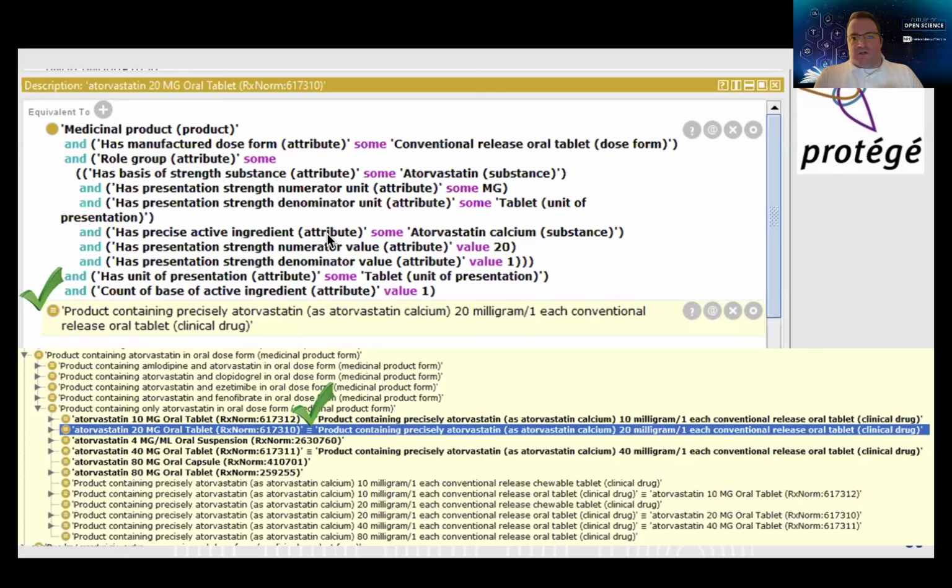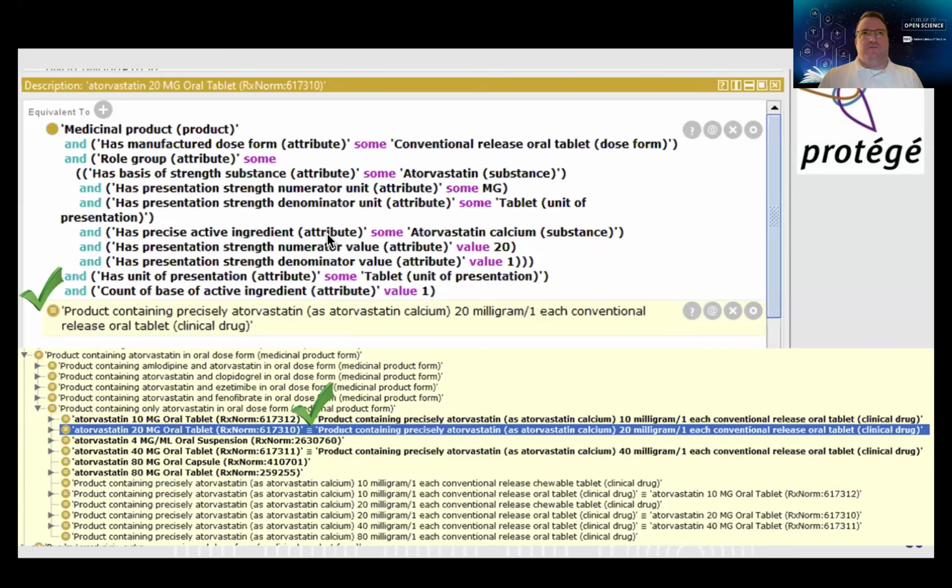So note that we could also use the RxNorm ingredients as the classes to write the logical definition. Because RxNorm ingredients are added to the OWL file and they are made equivalent to the SNOMED substances, where a code assertion exists in RxNorm.